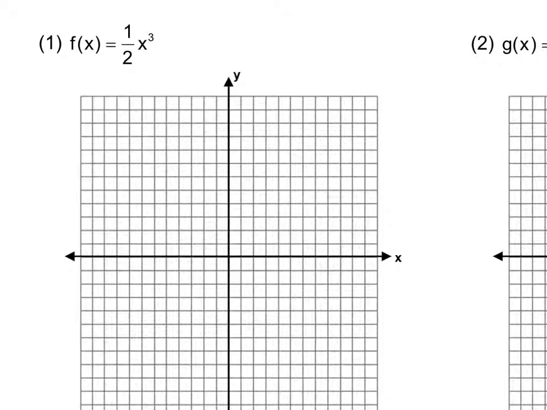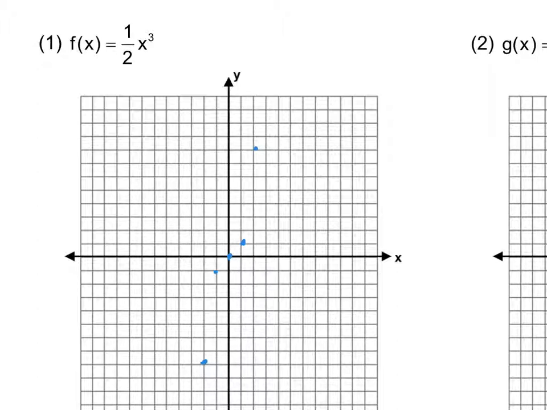So the parent function has coordinates (0, 0), (1, 1), (-1, -1), (-2, -8), and (2, 8). All right, I'm not going to draw it in with a smooth curve, because that's not my final answer.